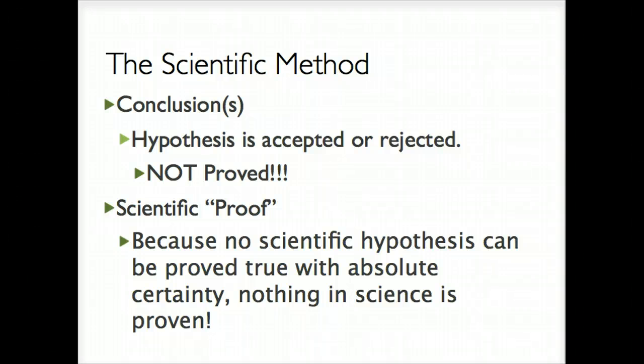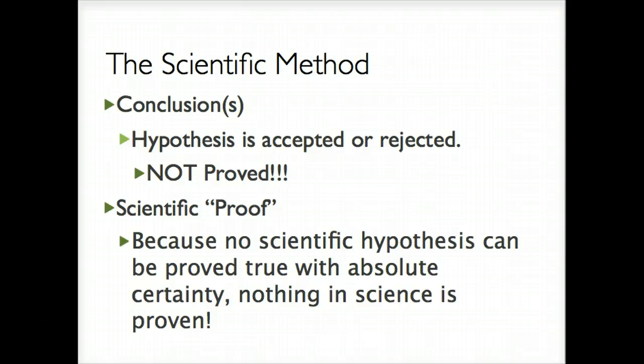However, you should note that after doing that experiment, we then draw our conclusion. The conclusion is a statement as to whether or not our hypothesis is accepted or rejected. Scientists are very leery and do not say that they have proved something. Scientific proof is not something that really exists. No hypothesis can be proven with absolute certainty.